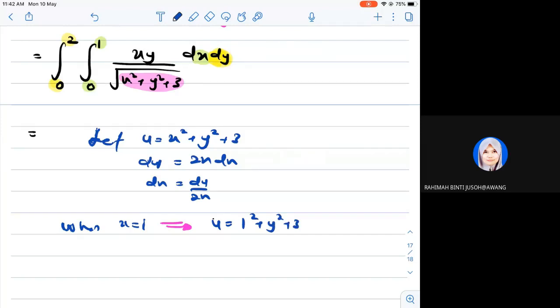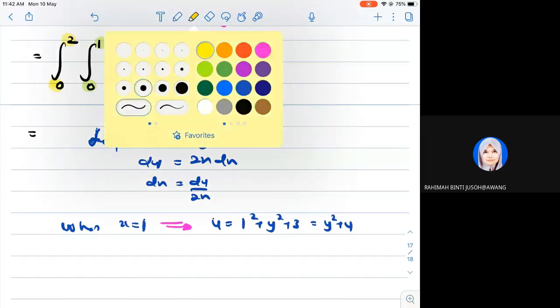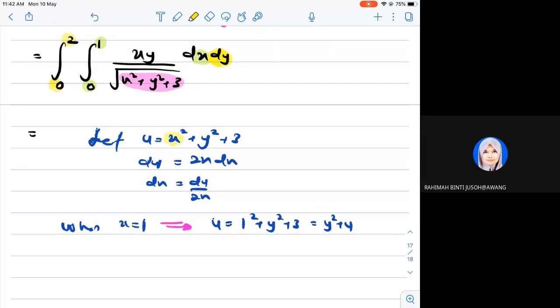Gitu. Okay, so u sama dengan y kuasa 2 tambah 4. Boleh terima? Saya gantikan kat sini guys. I substitute here. 1 tu. So 1 kuasa 2 tambah 3 jadi y kuasa 2 tambah 4 lah.